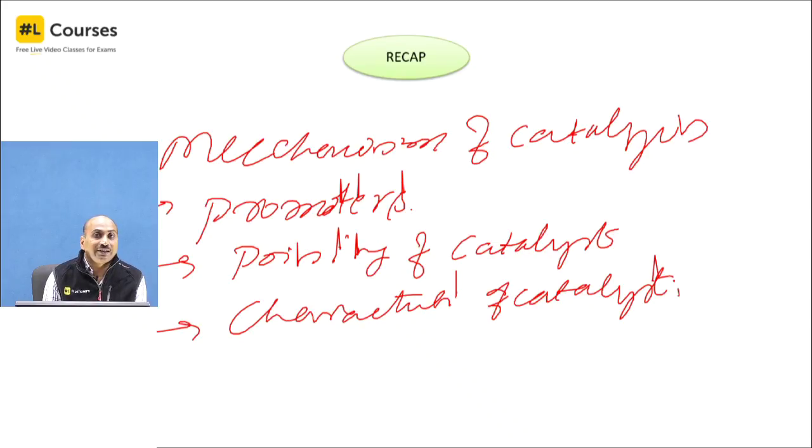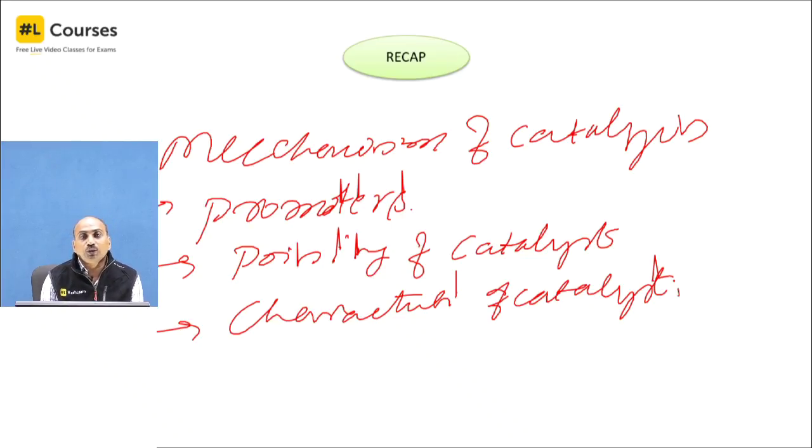Apart from that, it should not physically or chemically change its composition. One important characteristic of a catalyst is that it is very selective and regiospecific. That means a stereoselective product will be obtained, and each catalyst is specific only for a particular type of reaction, with certain examples we discussed in the last class.